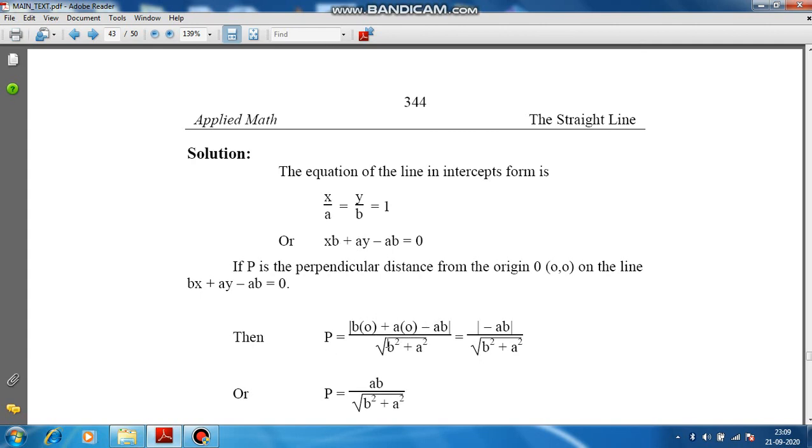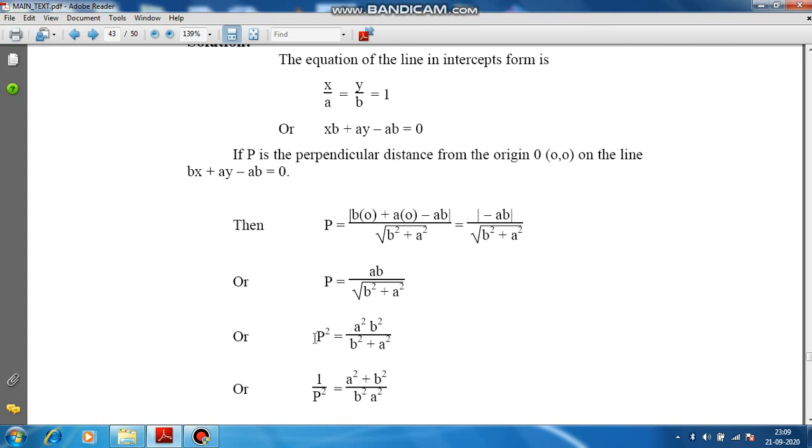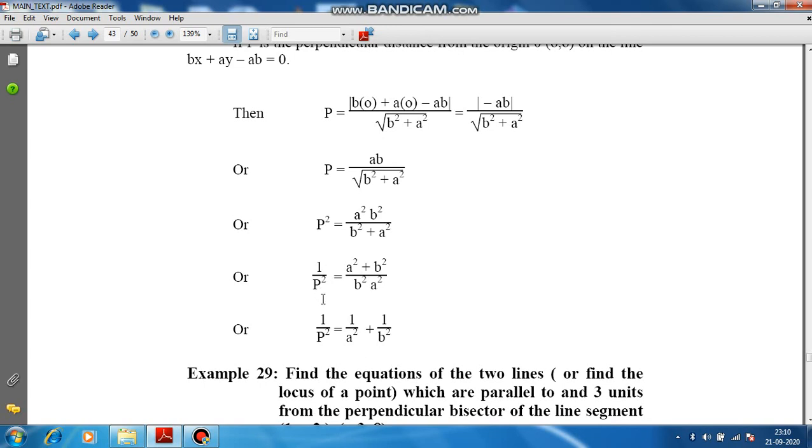So this is equal to p, and this implies p equal to ab by square root of a square plus b square, and this implies p square equal to a square b square by a square plus b square, and this implies 1 by p square equal to (a square plus b square) by a square b square, and this implies 1 by p square equal to 1 by a square plus 1 by b square.